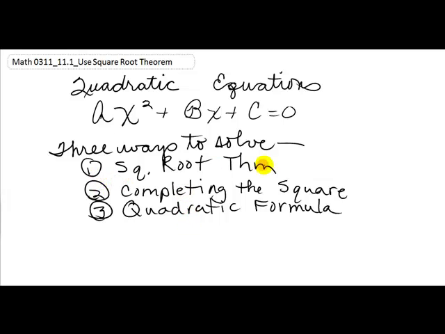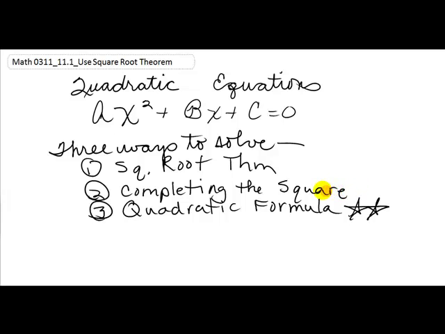So we're going to look at the square root theorem and the quadratic formula. I'm not going to spend time on completing the square because it's a little complicated and everything can be done with this formula. So we're going to spend our time on these 2 and not any on this. In your future algebra classes, you may have an instructor that likes completing the square, and that's okay.